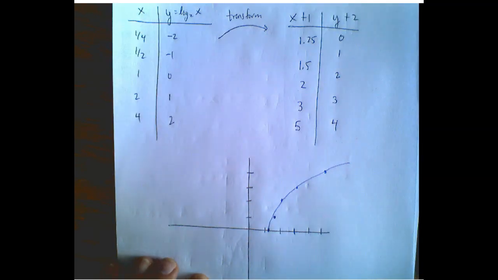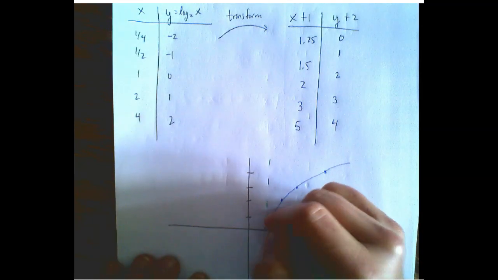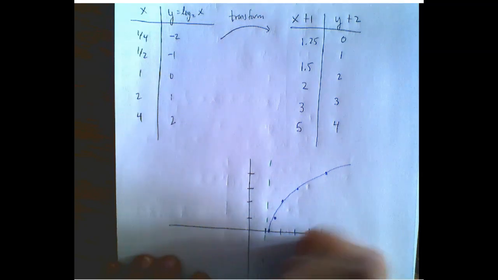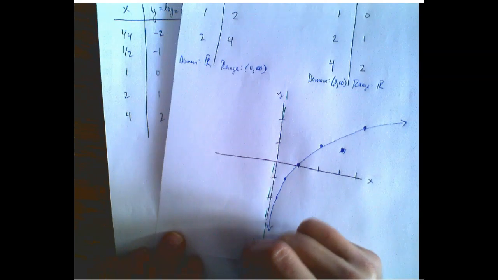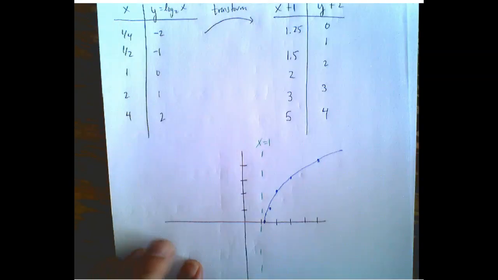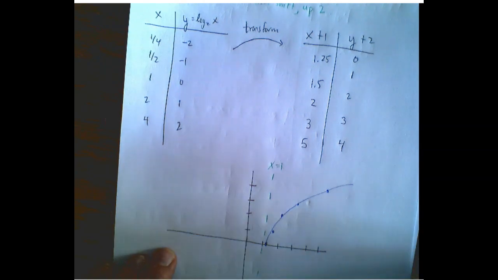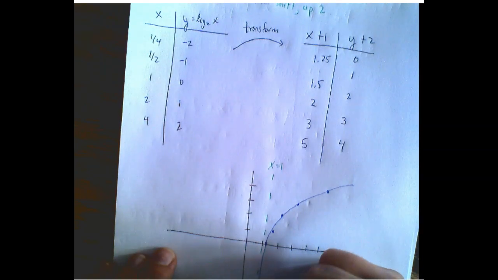So you can see here that the asymptote would be now at x equals 1 rather than x equals 0. Okay? So our log function is just going to ride along that vertical asymptote. Okay. So again, we handle these log functions the same way we've done throughout the year with graphing.